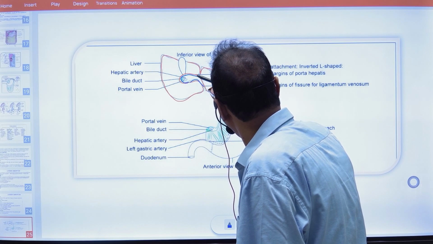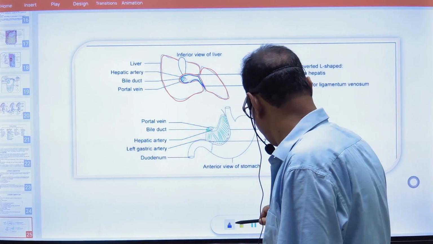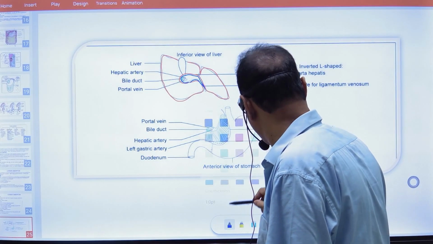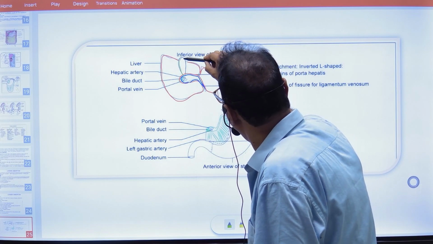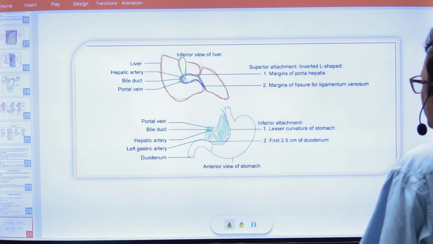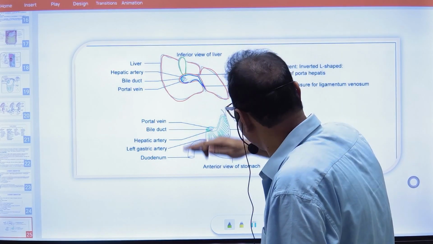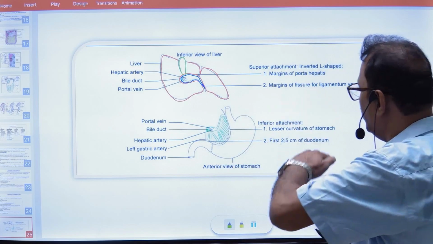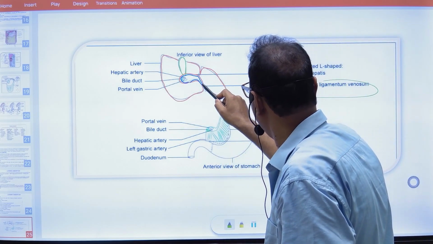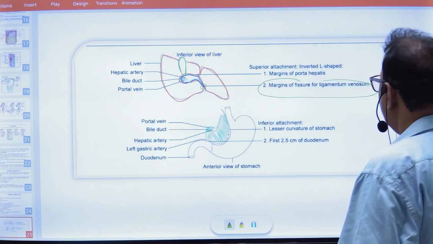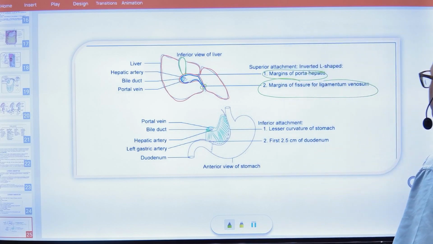This is the gallbladder. We are seeing from the inferior view, from below. This is the margin of the ligamentum venosum, and this is the margin of the porta hepatis.